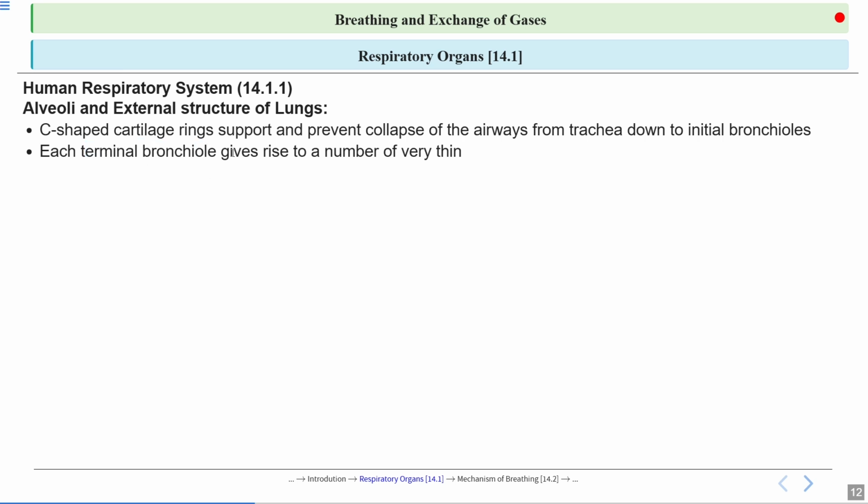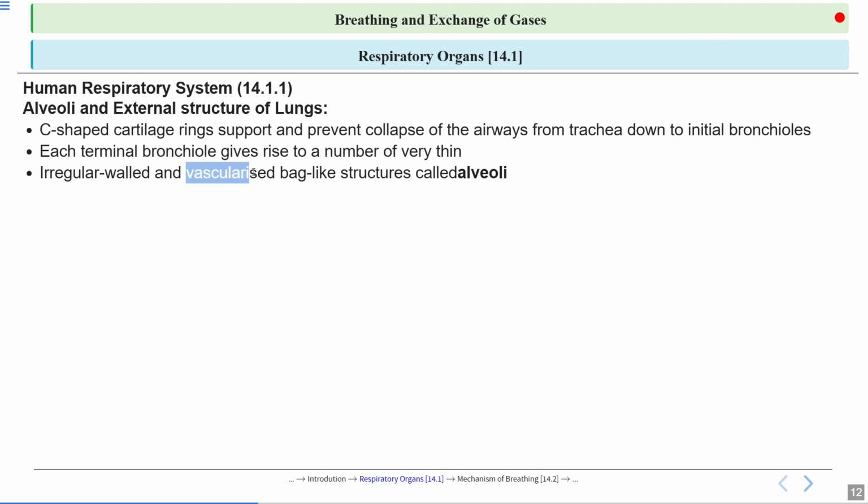Each terminal bronchiole gives rise to a number of very thin, irregular-walled and vascularized bag-like structures known as alveoli. You can call them bag-like or sac-like structures.